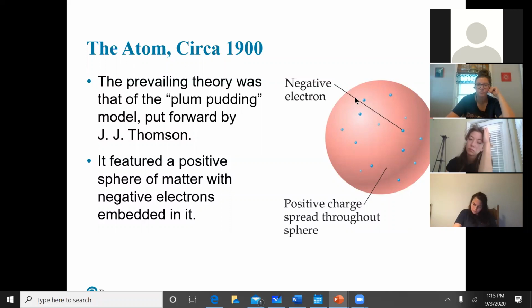So there's these little negative electrons floating out around in a positive cloud, and they balance each other out to give us the overall neutral charge. Obviously now that sounds ridiculous because we know about the nucleus, but they didn't know about the nucleus then. So that was the best they could come up with.